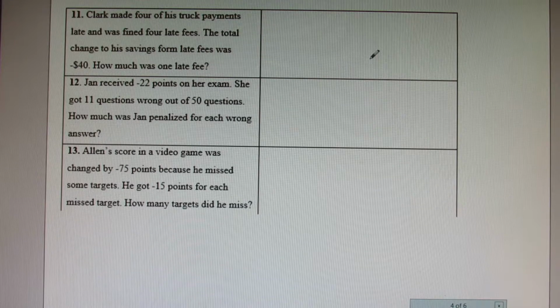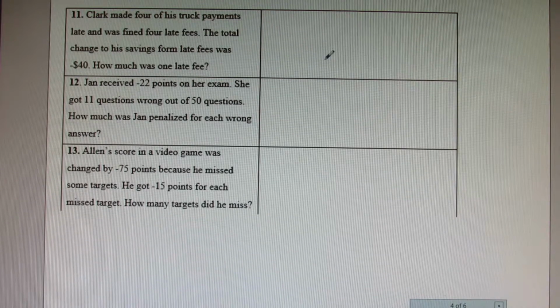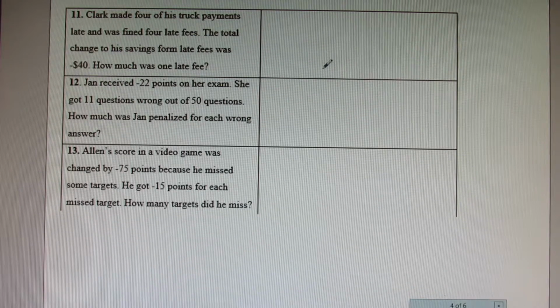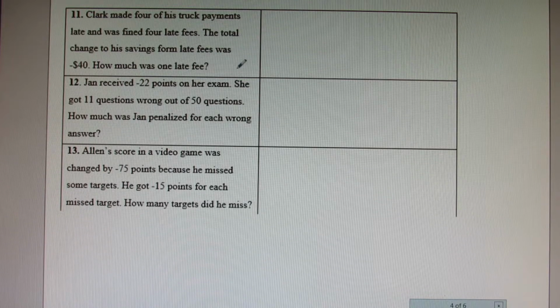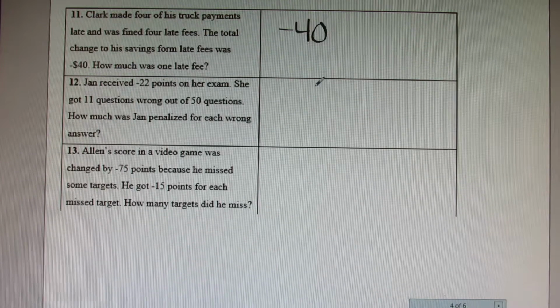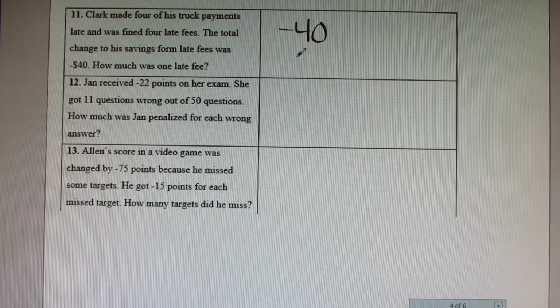All right, welcome back. So I'm going to read these and we're going to go over these together. Number 11, Clark made 4 of his truck payments late and was fined 4 late fees. The total change to his savings from the late fees was -$40. So how much was one late fee? Well, he had a total of -$40, and it was for 4 fines. And I want to know how much for one fine.